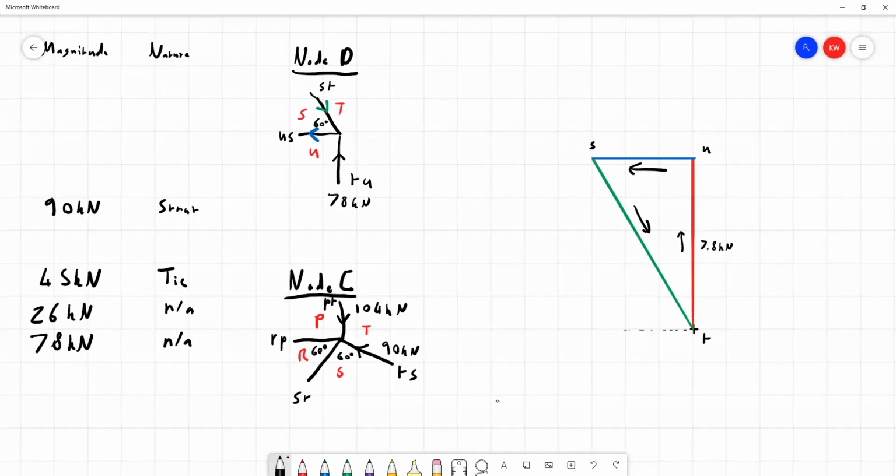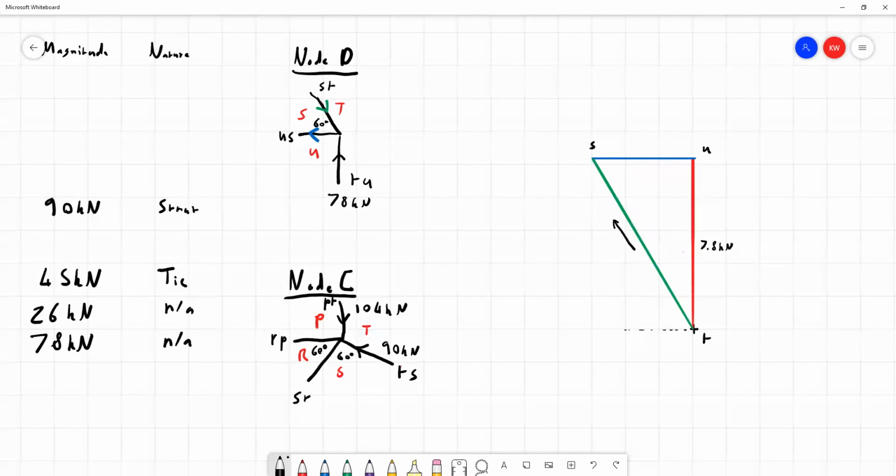And the reason I'm going to remove them is because these were how the arrows applied at node D. But we know, for example, already, and I can mark this on, that our green vector here, which represents member CD, if we're looking at member C, then the force is acting in this direction towards the node. So which node we're thinking about does matter when considering the direction of the forces here.